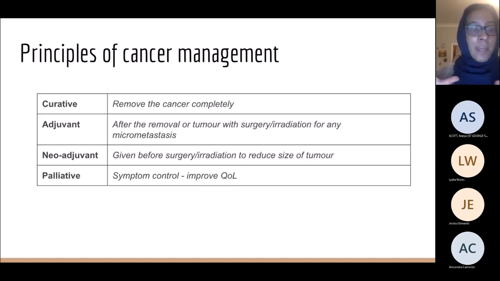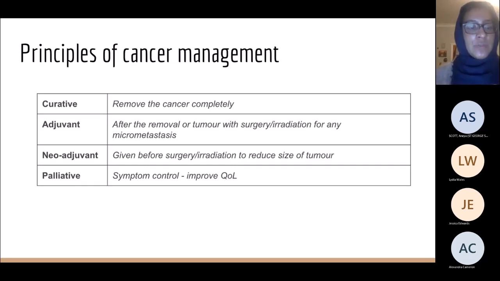And in between that, and more towards the curative line, you have adjuvant therapies, where you focus more on trying to tackle any micrometastases that may come about from treatment or removal of a cancer through surgery or through radiation.